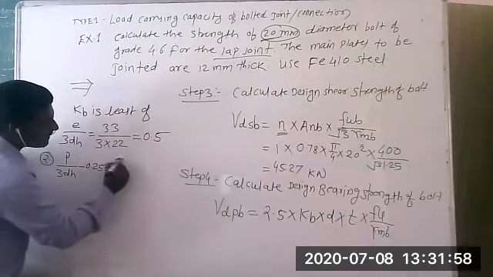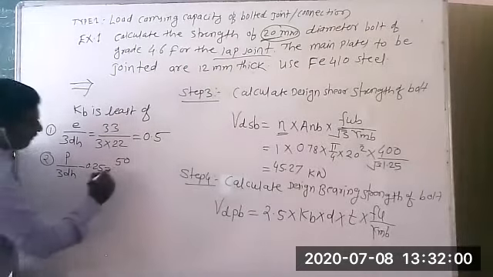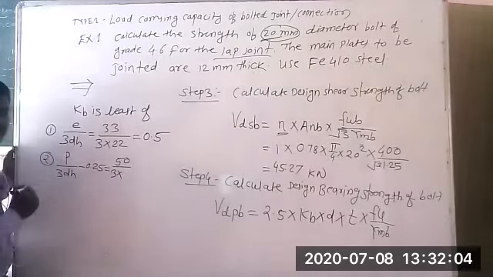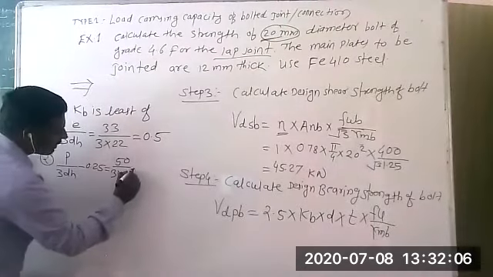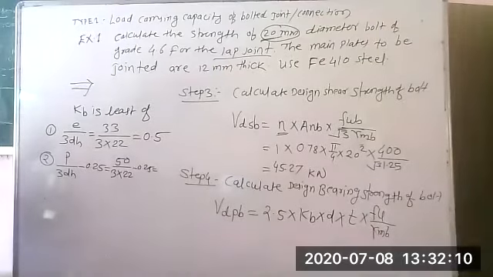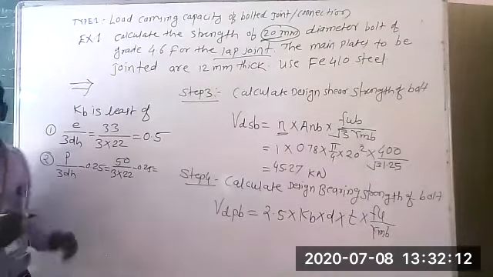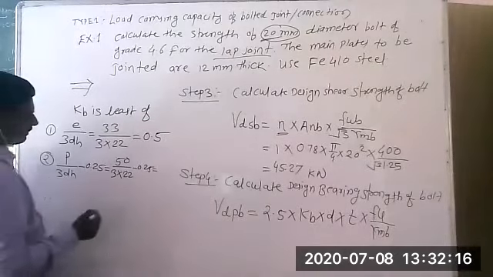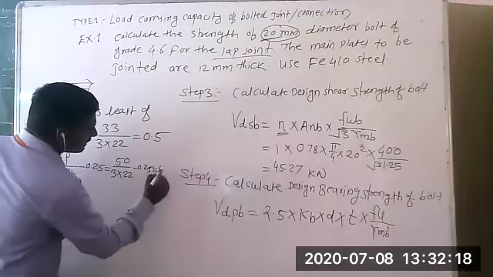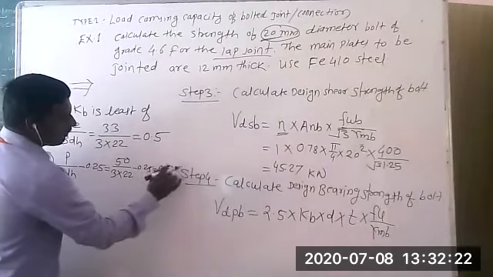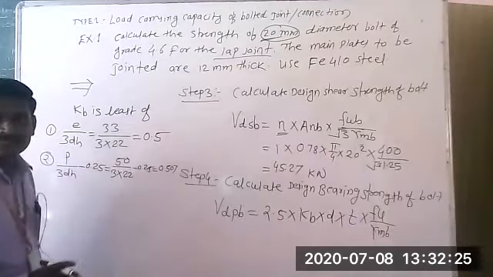So P, the pitch distance, is 50 mm divided by 3 into DH, again 22, minus 0.25. So how much? I think this is 0.507, correct? 0.507.